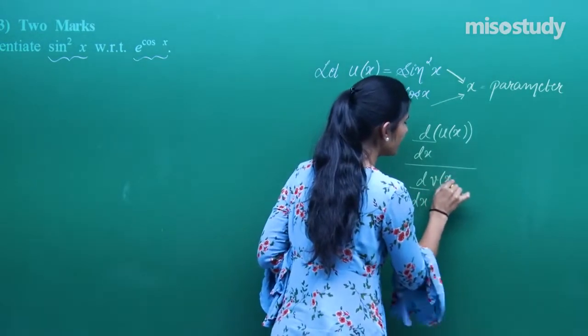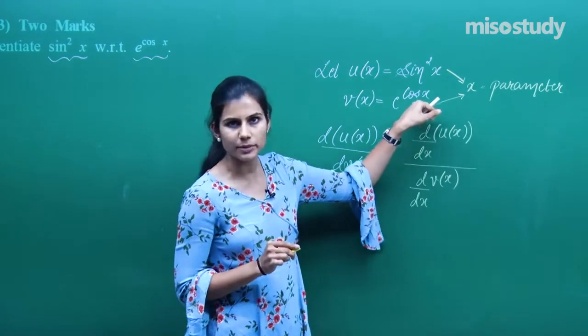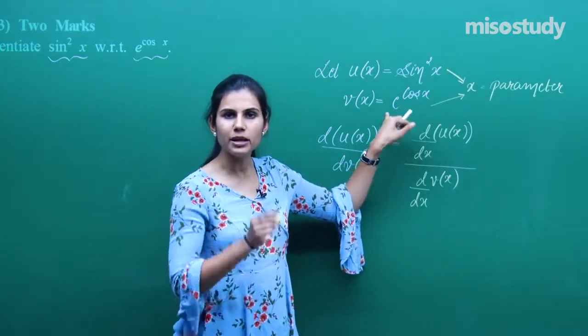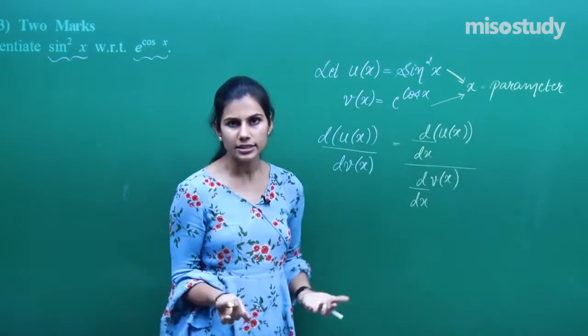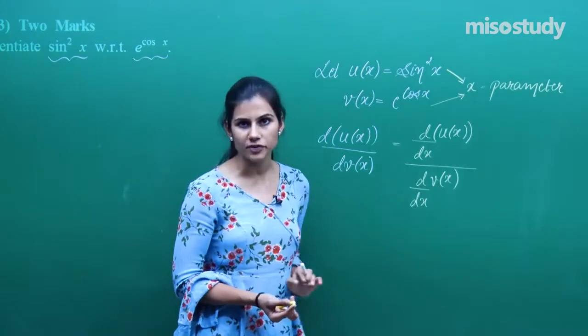I am sure about the existence of d/dx of v(x) because v(x) is also a differentiable function. Cosine is differentiable, the exponential function is differentiable, and the composition of two differentiable functions is differentiable, so I can find d/dx of v(x) as well.